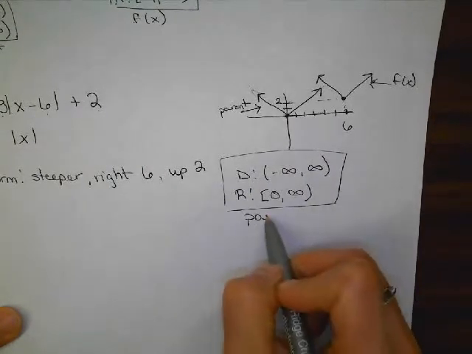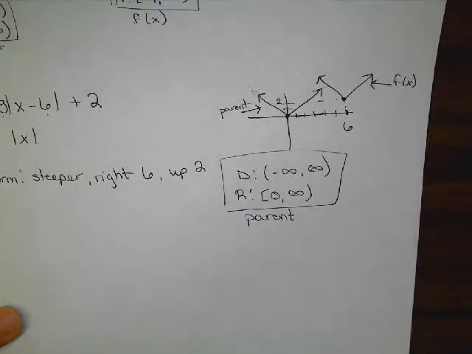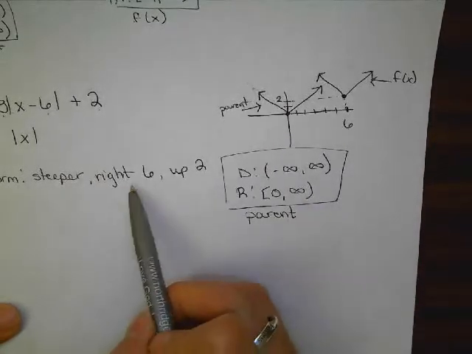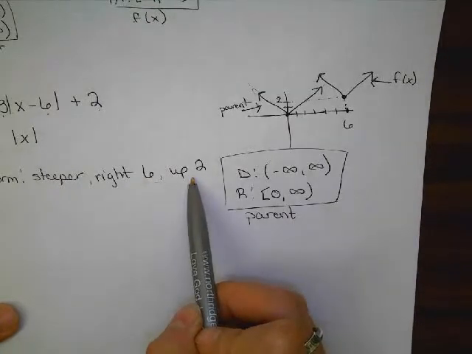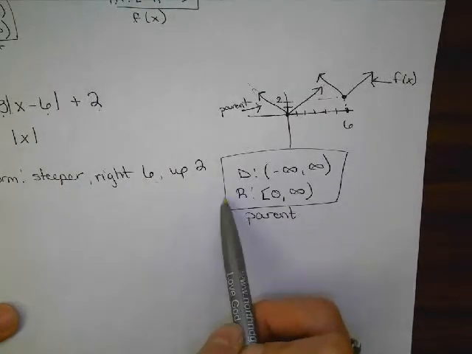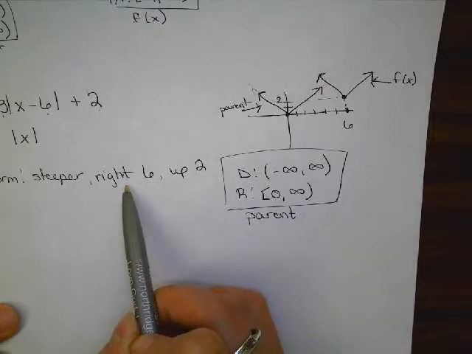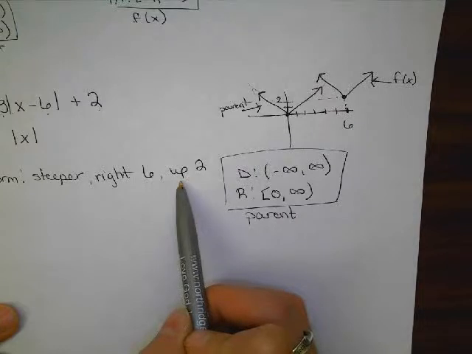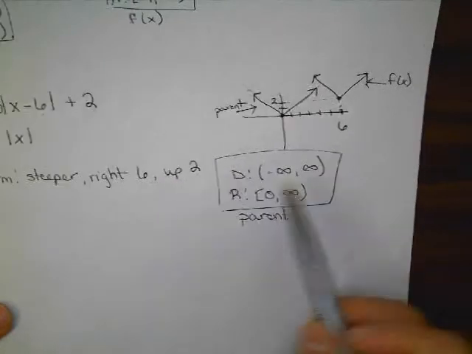And that's my parent function. Now my transform function, that f of x, since I moved to the right 6 and I moved up 2, that's going to affect my domain and my range. Because right has to do with domain, left and right, and up has to do with the range, which is up and down. So I know my domain and my range are going to be slightly different.